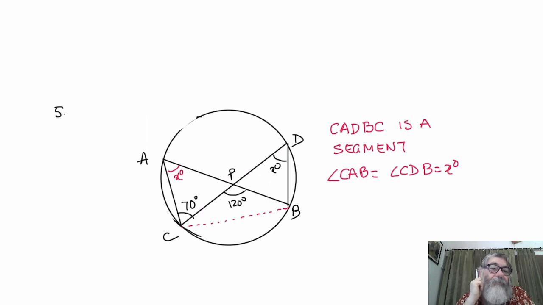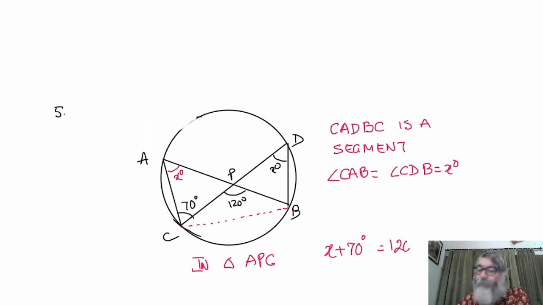Now we will apply the property of exterior angle. In triangle APC, X plus 70 is equal to 120 degrees.